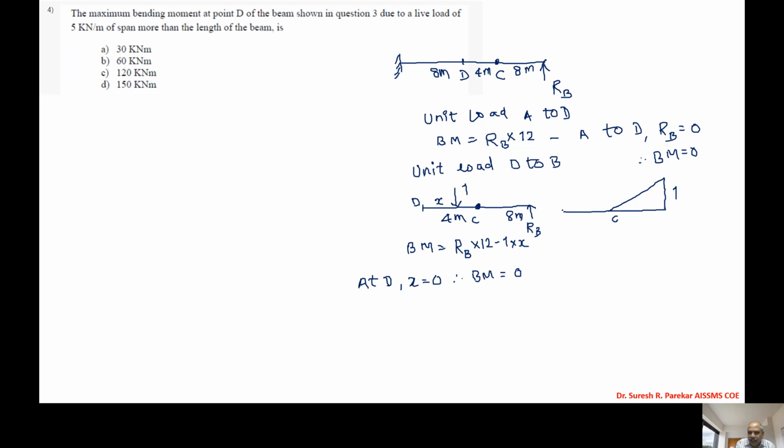This is point C, this is point D, this is point B. The value of RB from D to C is 0, and therefore we get value 0 at D. Now at C, we have X equal to 4 meters, but the value of RB is again 0, and therefore we get bending moment equal to minus 4 kilonewton, 4 ordinate.